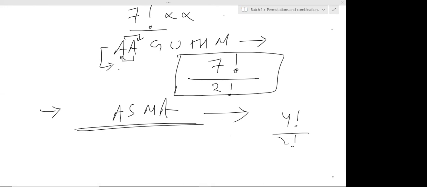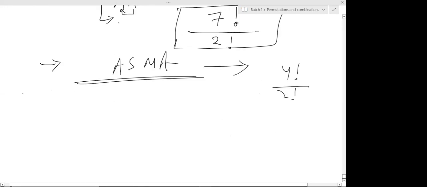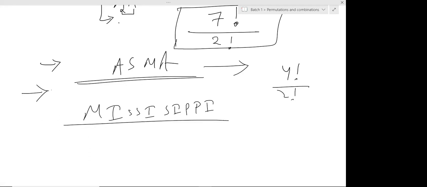Now one word is very favorite of the teachers of the NCERT CBSE, Mississippi. Something like this is the spelling, I guess. If you know the word, very good. Is it the spelling of Mississippi?